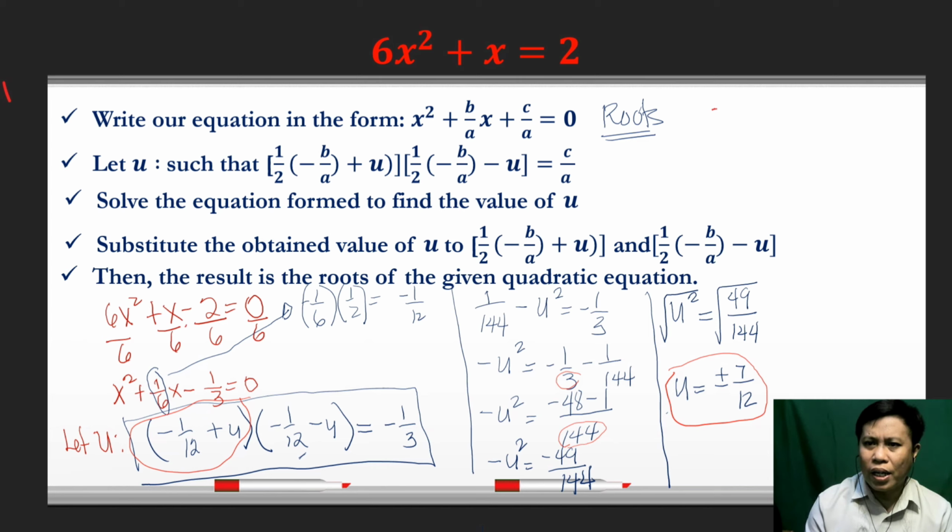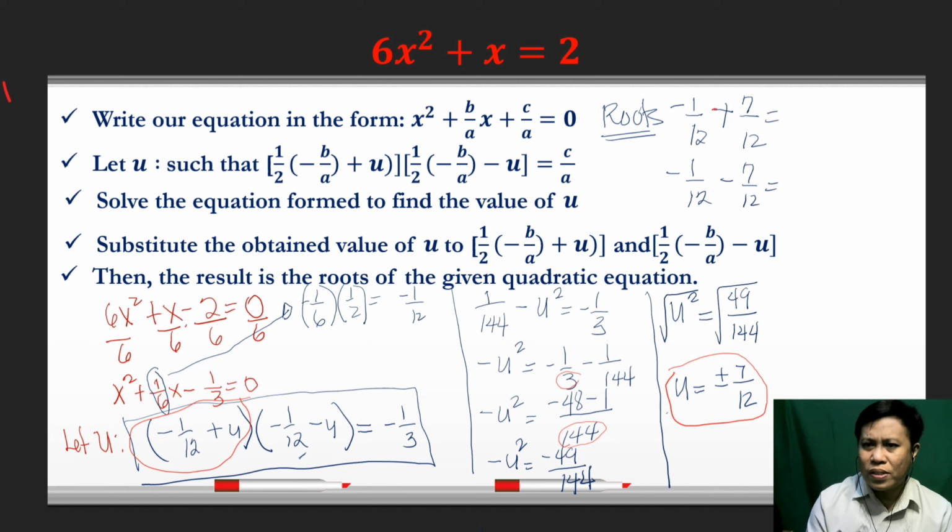You have now negative 1 over 12 plus 7 over 12, and the other one is negative 1 over 12 minus 7 over 12.